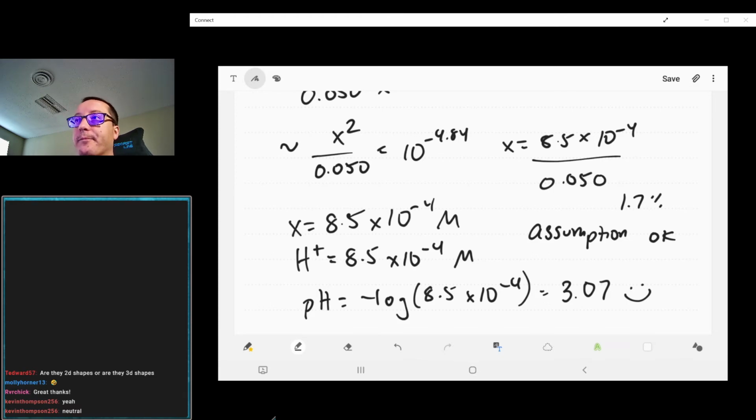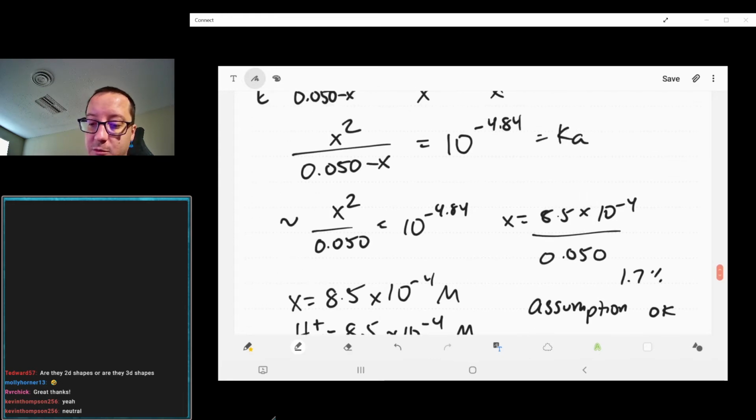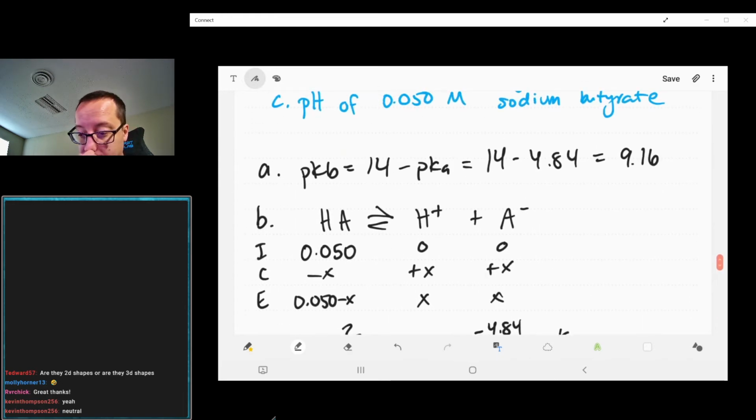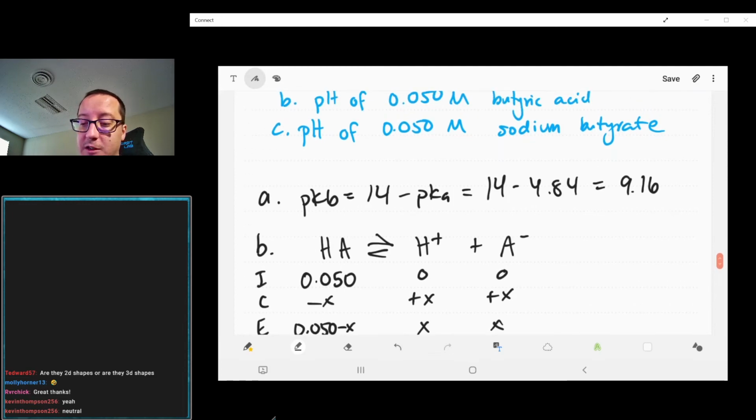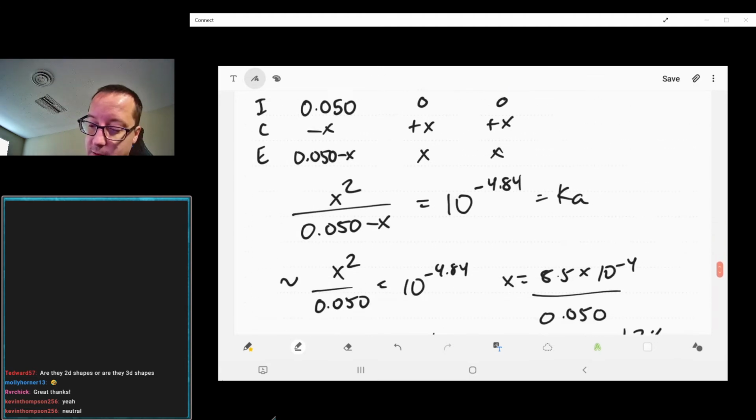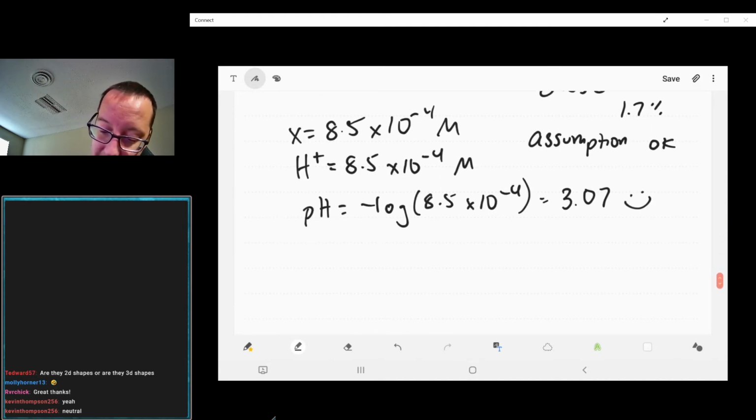All right. Let's now do part C, which is essentially the same thing, but we're putting in A minus instead. Remember, a sodium salt will always be a strong electrolyte, which will break up fully. So the A minus concentration here will be 0.05. Let's do part C with that ice table.